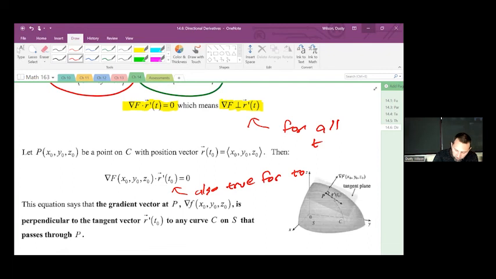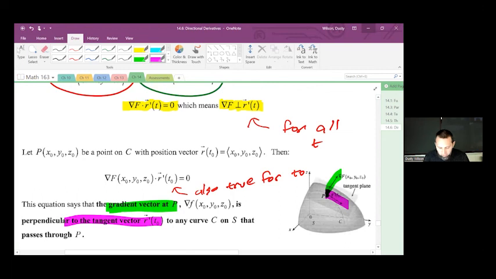So we're saying the gradient vector, which would be this one, is perpendicular to the tangent vector, which is this one lying on the curve.